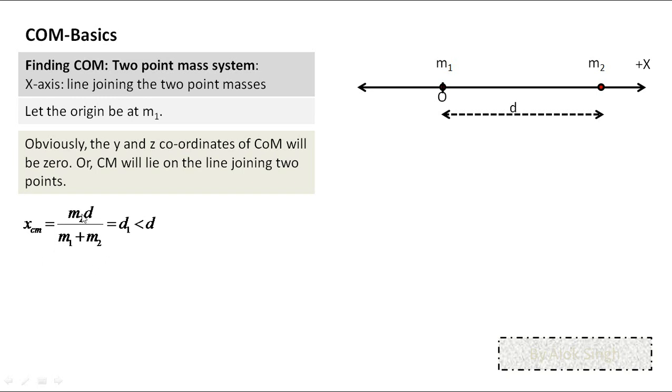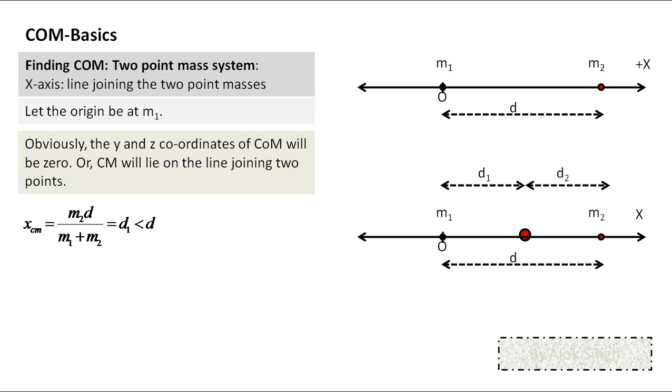And this term will always be smaller than 1, hence xcm will always be less than d. So the distance of the center of mass from the origin would be less than the distance of particle m2, which basically means the center of mass cannot lie outside the points joining those two. It has to lie somewhere between the 2 points.